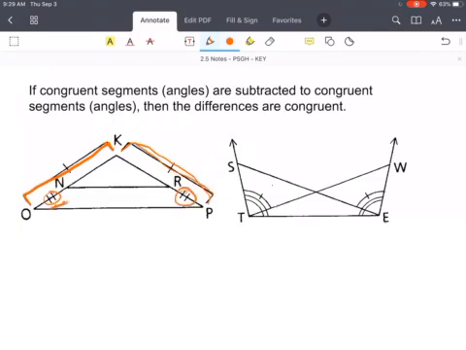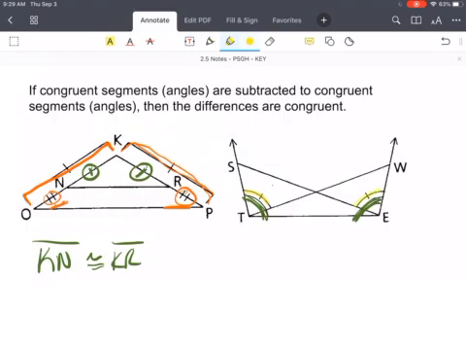So if I subtract the smaller one on both sides from the bigger one, I would be left with a smaller one on each side, KN congruent to KR, and then same concept over here with the angles, big angle on each side, subtract the smaller one, so I'm left with the little angle on each side. Make sure we're naming our angles correctly.